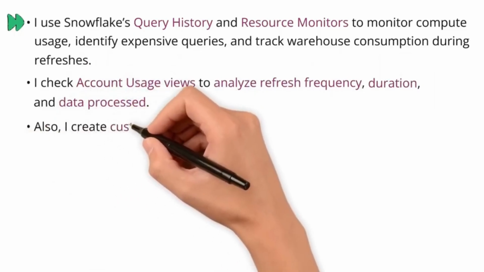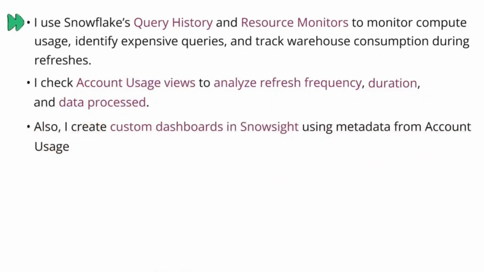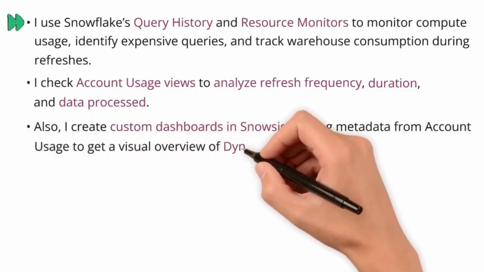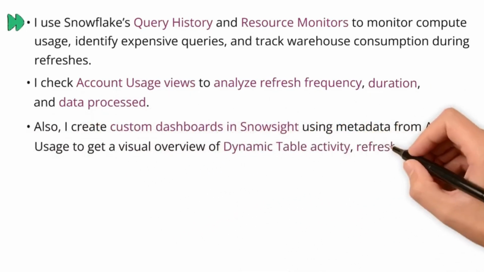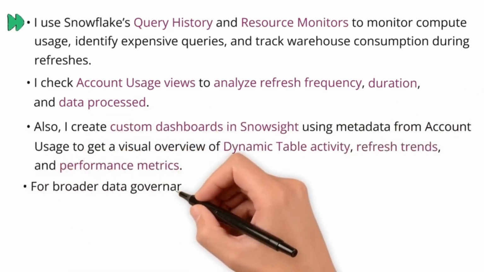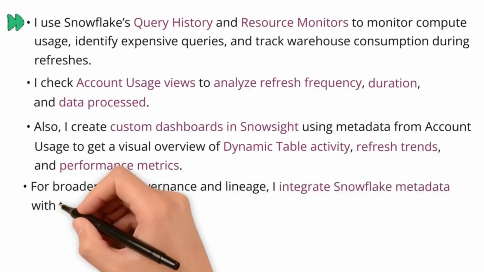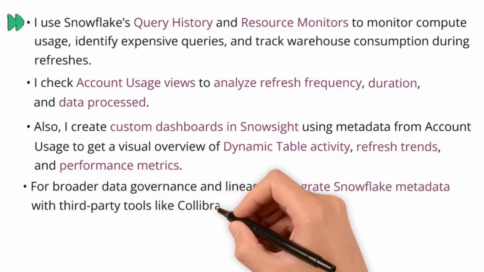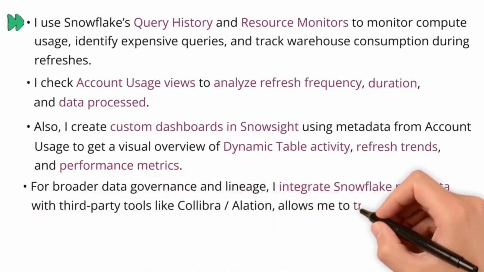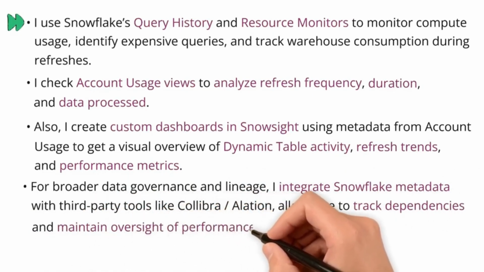Also, I create custom dashboards in Snowsight using metadata from account usage to get a visual overview of dynamic table activity, refresh trends, and performance metrics. For broader data governance and lineage, I integrate Snowflake metadata with third-party tools like Collibra or Alation, which allows me to track dependencies and maintain oversight of performance.